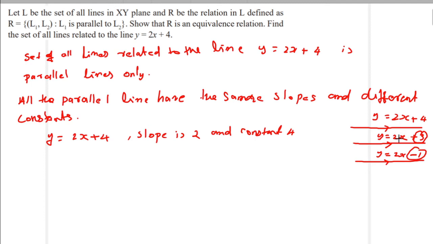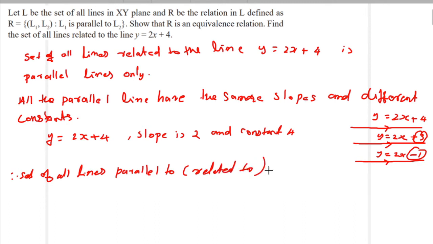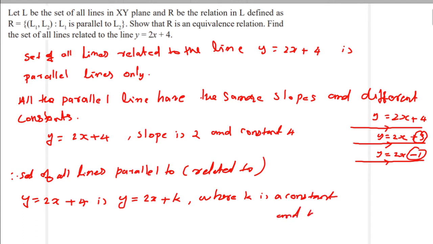Slopes are equal; parallel lines have equal slopes. Therefore the set of all lines parallel to, that is related to, y equal to 2x plus 4 is y equal to 2x plus k, where k is a constant, and k is a real number, R meaning the set of all real numbers. So this is the answer.